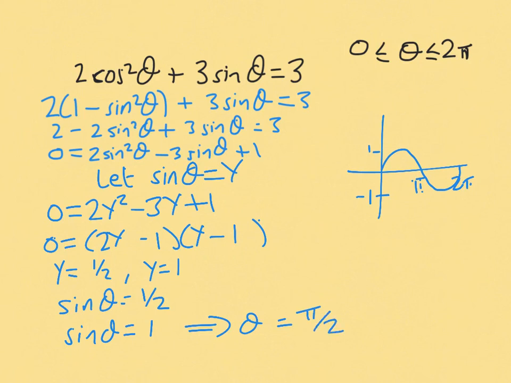Sine equals a half is going to give me theta equals pi over 6, which is here, and pi minus pi over 6, which is theta equals 5 pi over 6. Two solutions here. There's no negative values here to deal with, so we just need between 0 and pi.